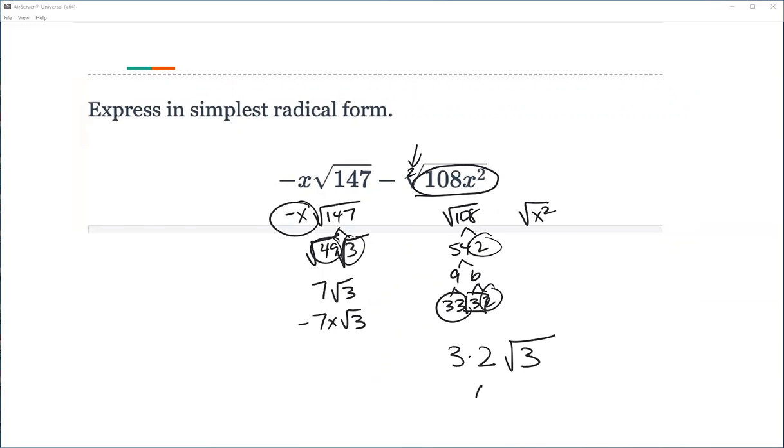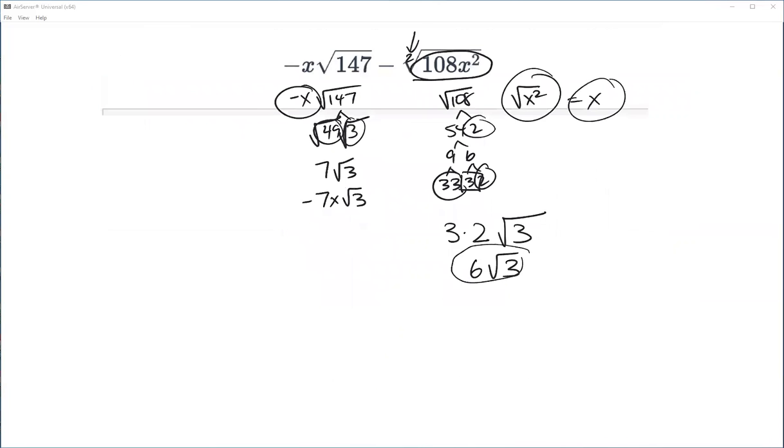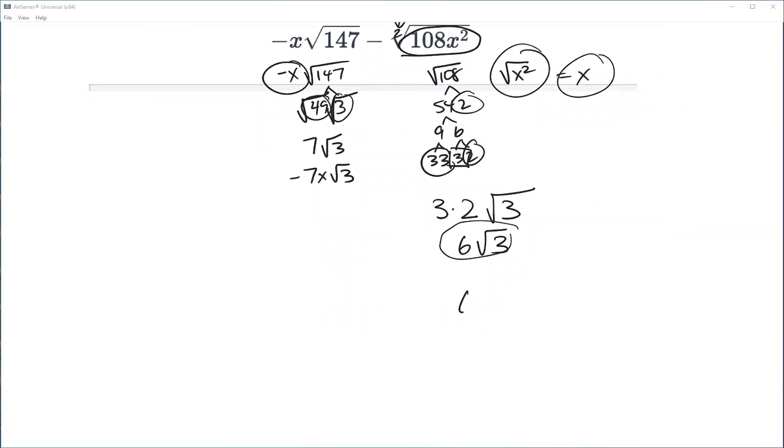So this is 6 radical 3. This is equal to just x. So it will be x times this, which ends up being 6x radical 3. So you have the negative 7x radical 3 minus the 6x radical 3. That equals negative 13x radical 3.